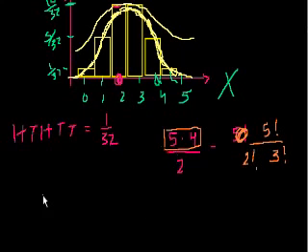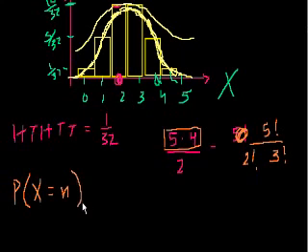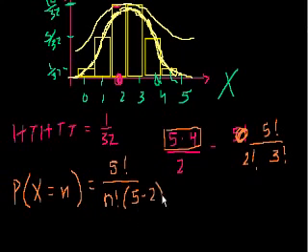Right? So in general, let me write this down. The probability that x equaled n, and this is for the x that I defined, the random variable, the number of heads I get in 5 flips of the coin, was equal to 5 factorial divided by n factorial, in this case n was 2, the probability that we get exactly 2 heads, times 5 minus n factorial, right?